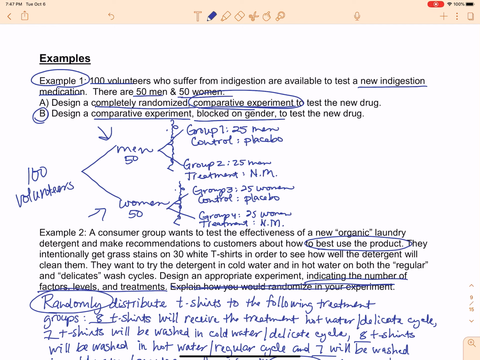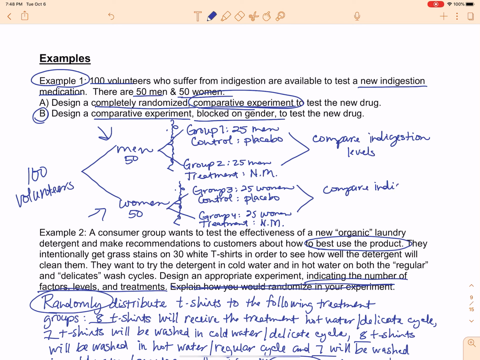One of the things you have to remember about blocking is that once we separate our volunteers, in this case between men and women, I am never going to bring them back together. I am just going to compare indigestion levels for the men, and compare them separately for the women.